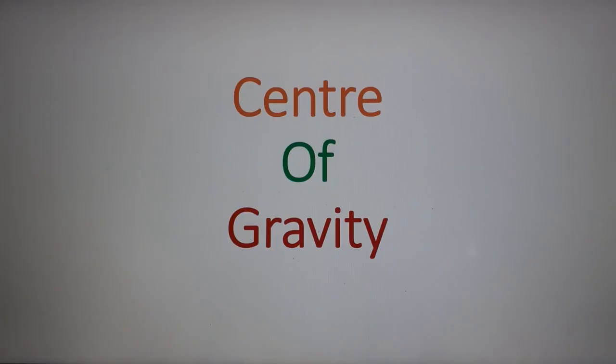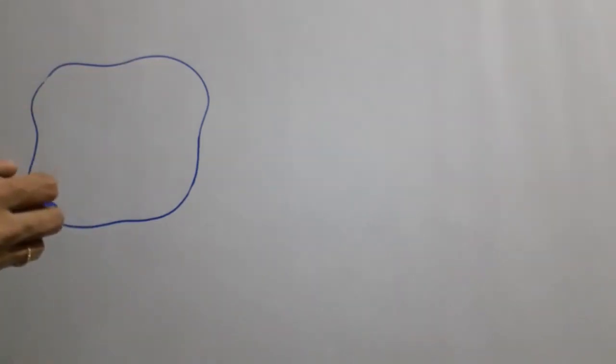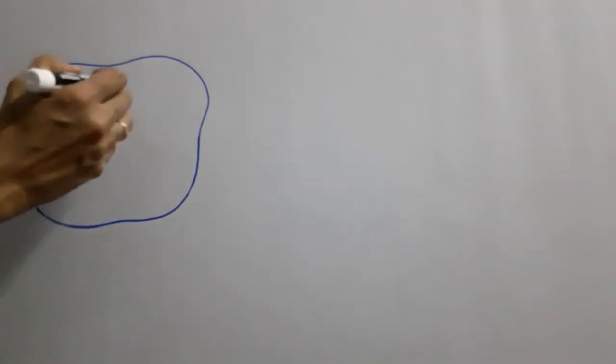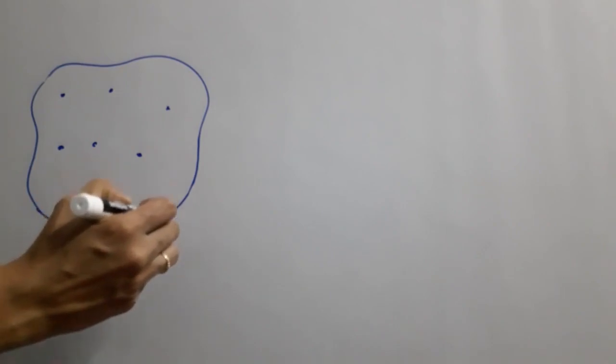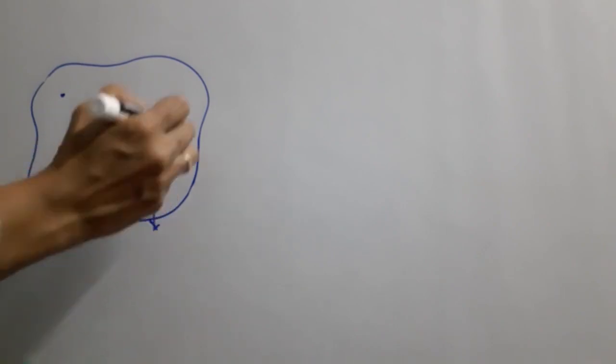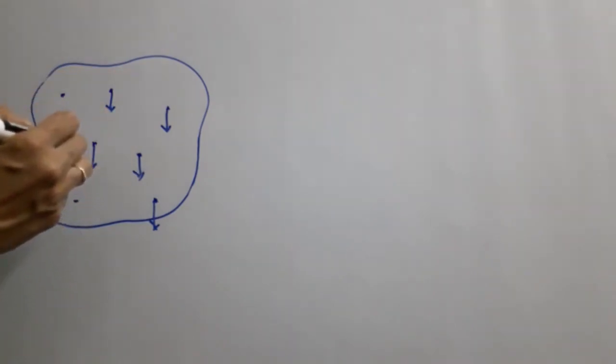Now let's study the topic center of gravity. Knowledge of this topic helps us in balancing objects. For understanding center of gravity, let us consider this irregular shaped object. Every object is made up of so many particles. Each and every particle has its own weight, which is acting in vertically downward direction.